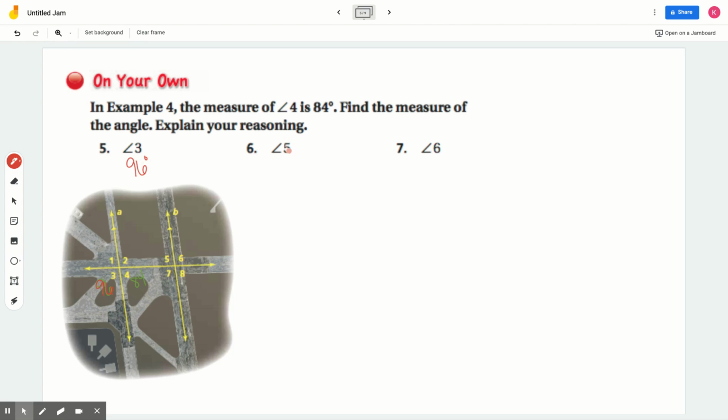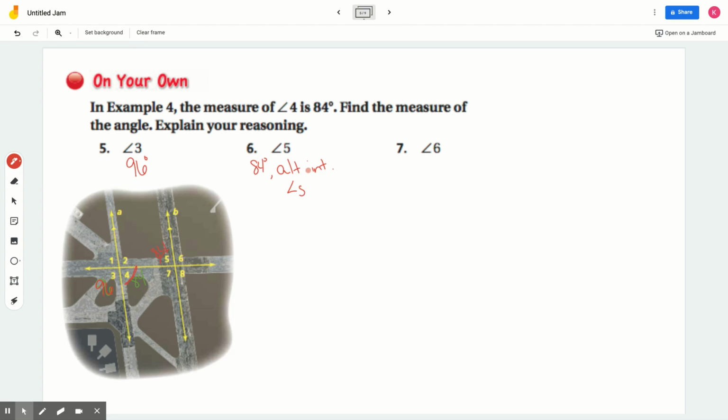Now, angle 5 would be 84 degrees because angle 4 and angle 5 are alternate interior angles.